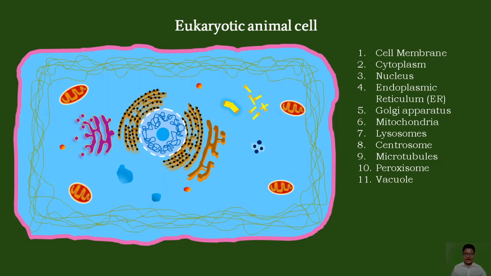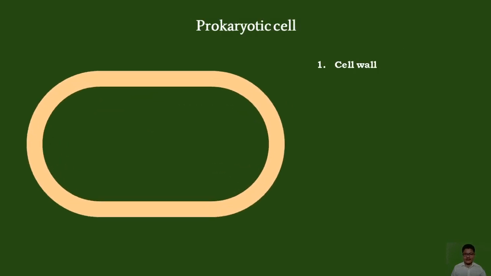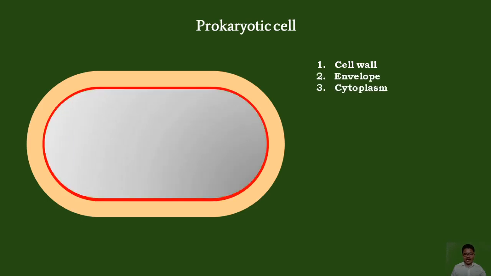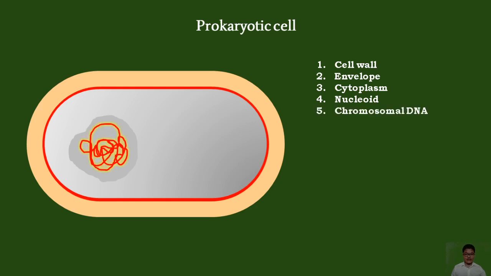Now if we observe a prokaryotic cell, say the cell of bacteria, then bacteria do have a cell wall. Within the cell wall there is an envelope. The envelope in case of bacteria is very unique, and inside the envelope we have cytoplasm, and within the cytoplasm there is a region called nucleoid, and within the nucleoid we have chromosomal DNA.